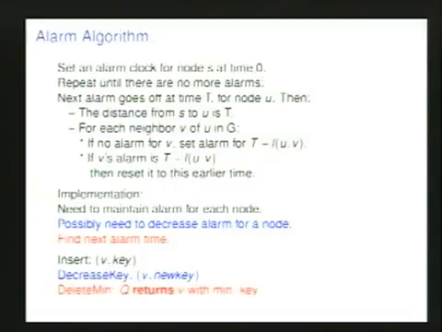Okay, and then you want delete min. Just like in a queue, you want to take out the first element. You actually want to delete it. Every time you use a queue, you don't want to have the same element in there again. So it returns a vertex with the minimum key. Okay, so this is translating this word algorithm into data structures.